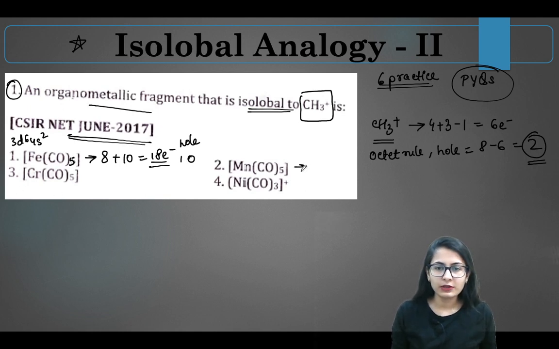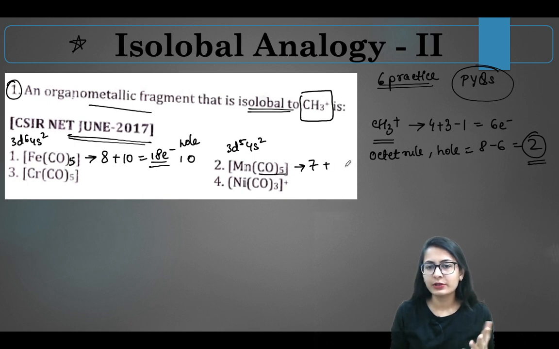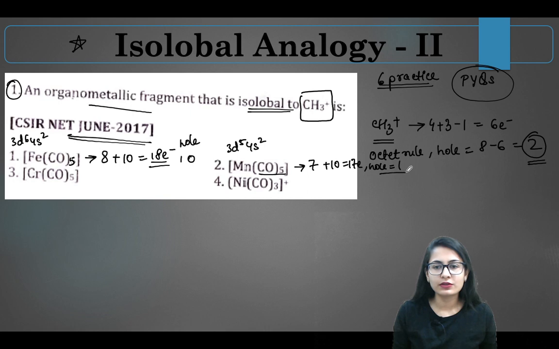What about option number 2? Manganese has 3d5 4s2 electronic configuration, so 7 electrons, plus 5 carbonyls, 7 plus 10 is 17 electrons. If it is 17 electrons, the deficiency, that is the number of holes, is equal to 1.